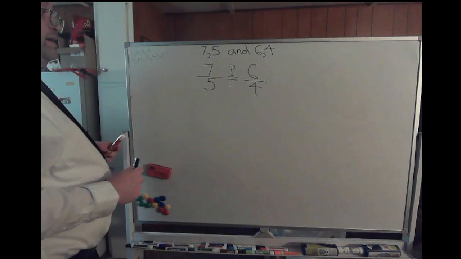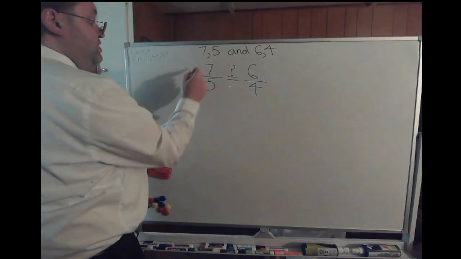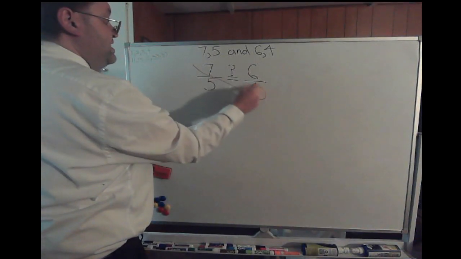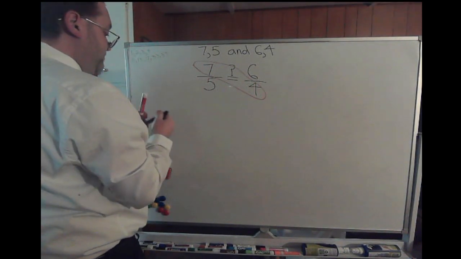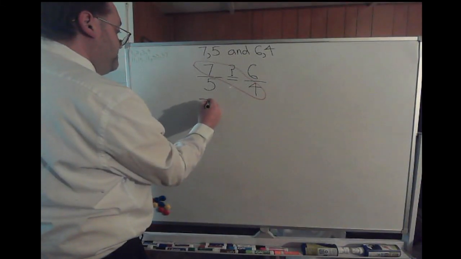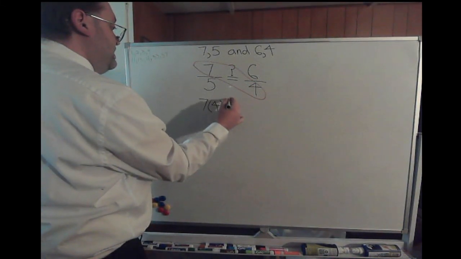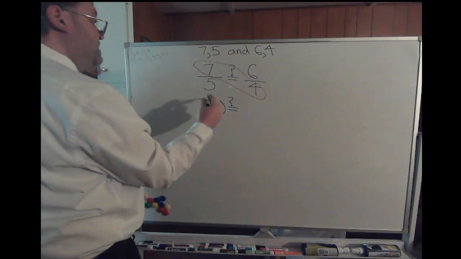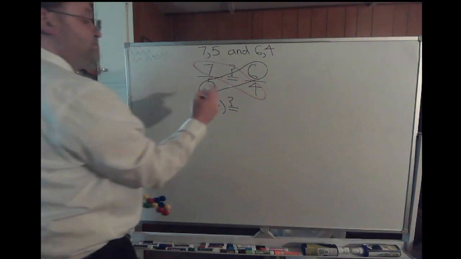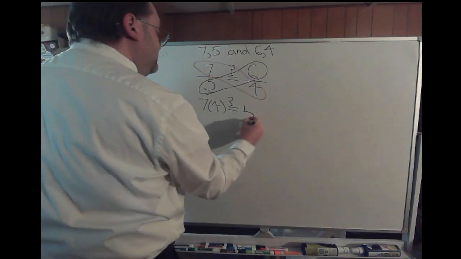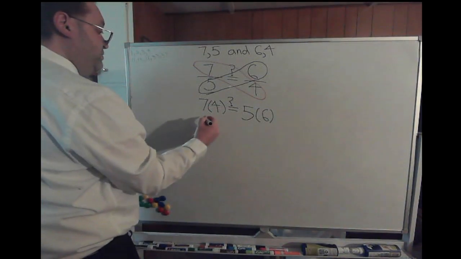Well, again, the way to find out is to take your cross products. So you do 7 times 4. Is that going to be equal to the cross product of 5 and 6? Then you would do the cross product of 5 and 6. Well, what is 7 times 4?